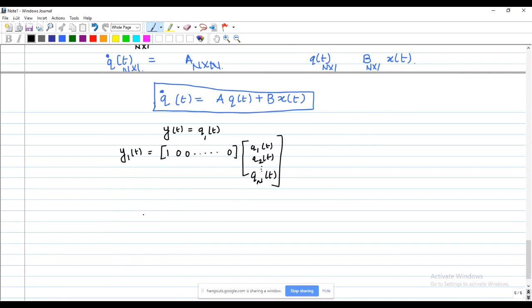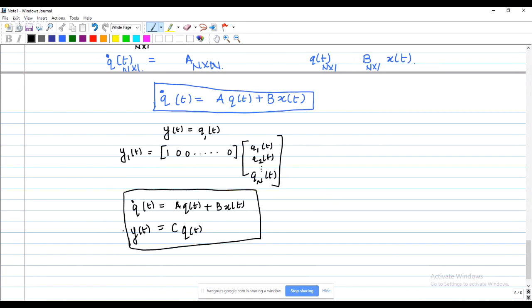Okay, therefore I can write the final equations as q dot of t is equal to A q of t plus B x of t, and y of t is equal to C q of t. These are the two general state space equations we will be requiring.